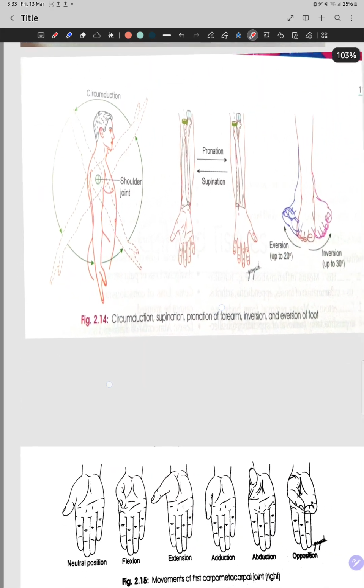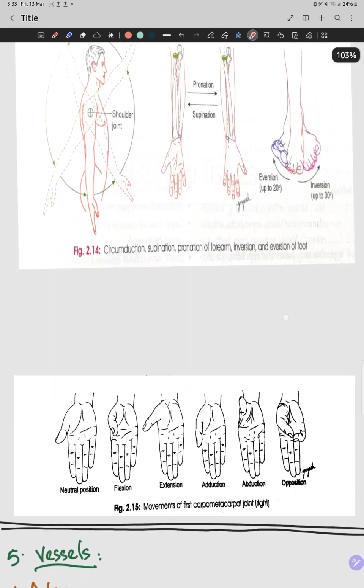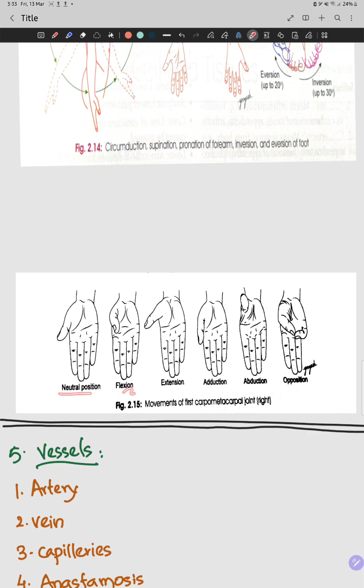Next, coming to this one of the thumb, our hand fingers. This is the neutral position, normal position of the hand. Flexion means, I have already said there should be a less angle. If there is a more angle, that is extension. Abduction, adduction. If we keep far away from this, if we keep perpendicular, see what the difference is, here we are keeping perpendicular, here we are just folding.